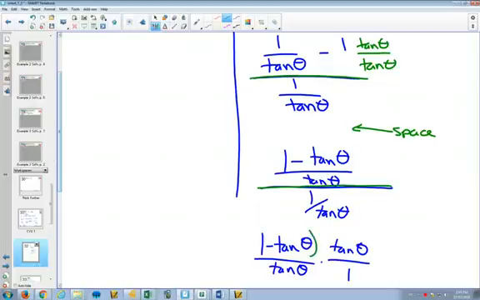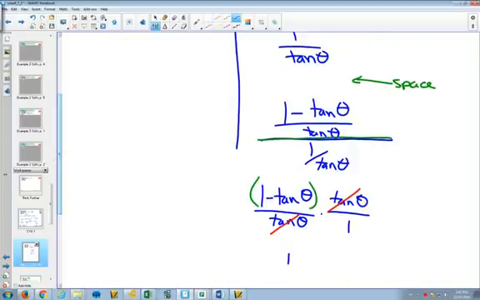Now this 1 minus tan theta, that's grouped together. Do I have any factors that are identical? Yes. Tan thetas. So they can simplify. And then we're left with just 1 minus tan theta. Is that what I have on the other side? So I can say my left side is equal to my right side.